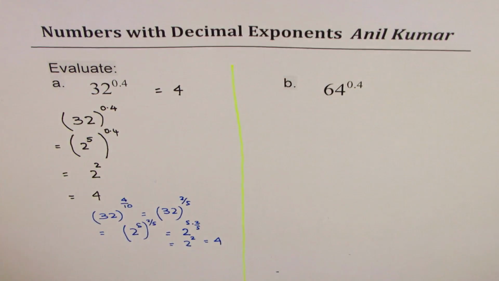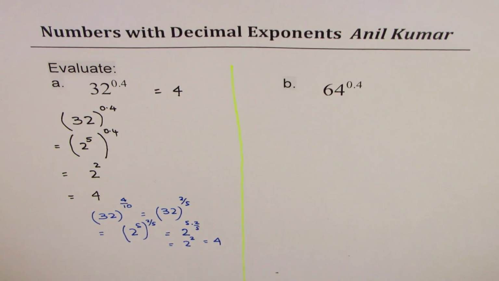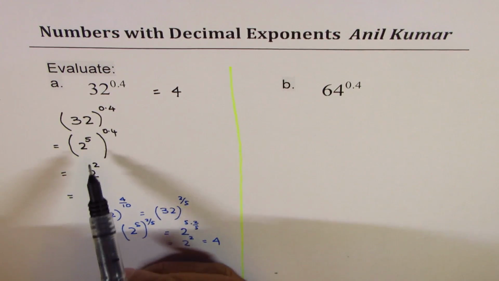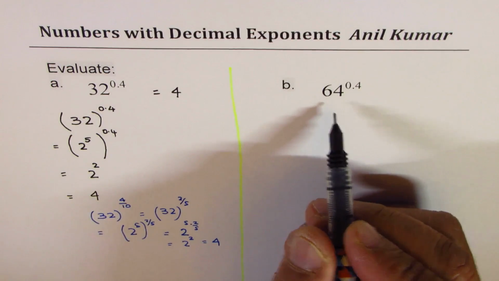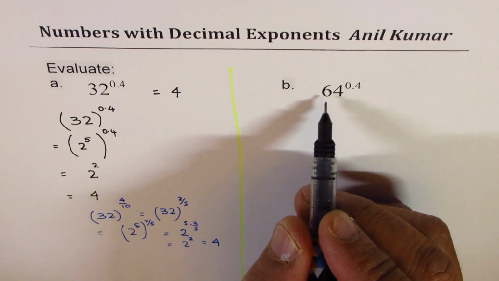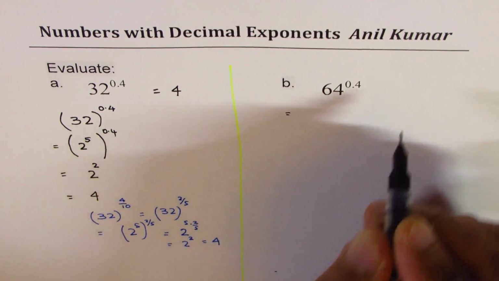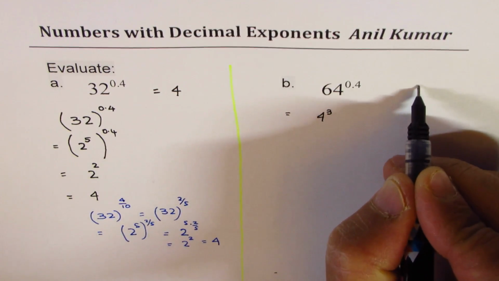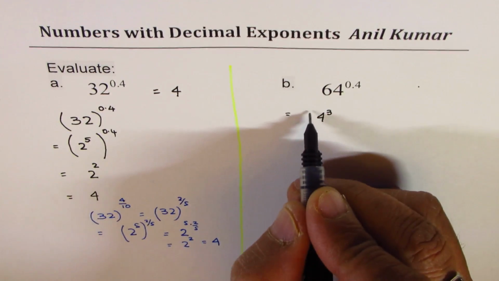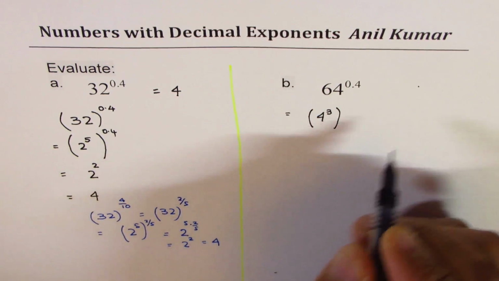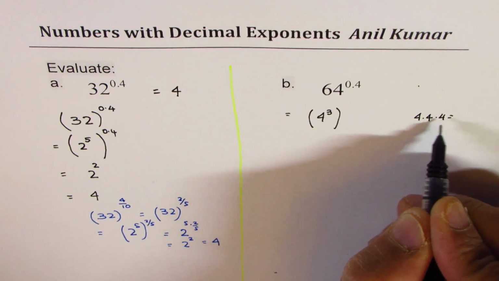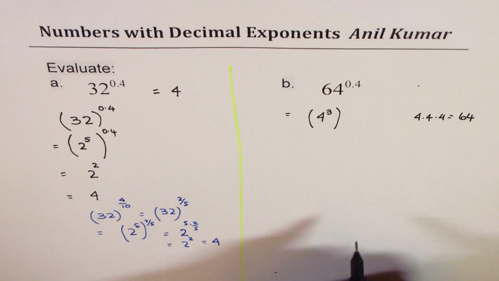Now, the real question. 64 to the power of 0.4. So if I apply the same method, what do I get? Well, I could do a couple of ways. 64 could be written as 4 cubed. 4 times 4 times 4 is 16 times 4, 64, correct?